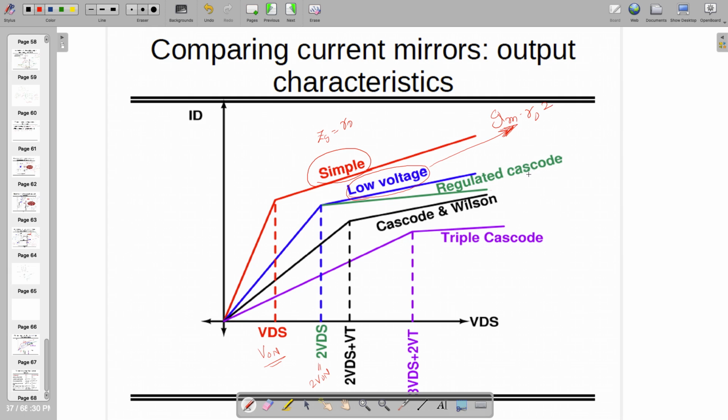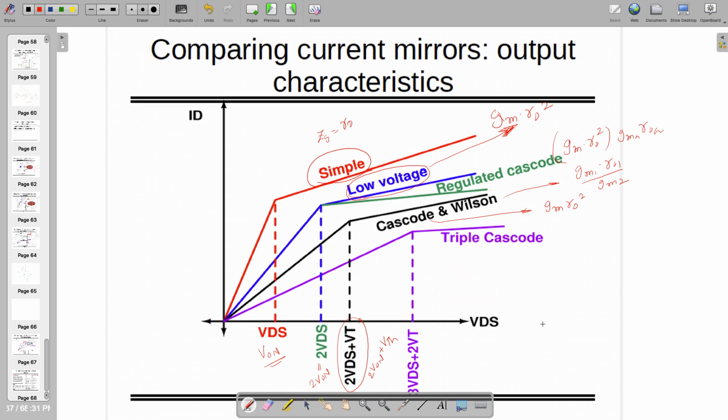For the case of regulated cascode, it was the same, but now this is increased by GMA times ROA. Whereas in the case of Cascode and Wilson, Cascode was giving you GM times RO square, and Wilson was giving you GM1 RO1 divided by GM2 impedance, and V minimum as 2 V on plus VTH.